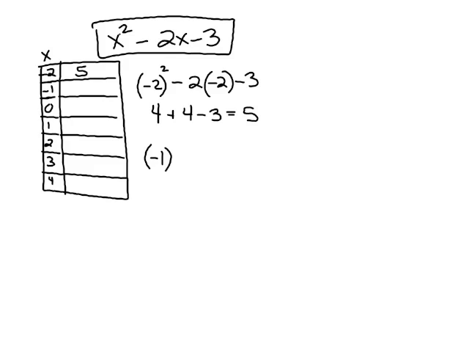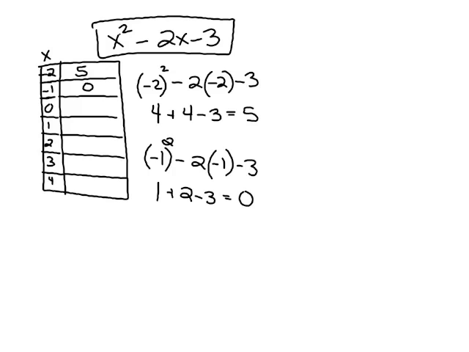Same thing. Replace my x with a set of brackets. Now (-1) squared. What's 1 times 1? Positive 1. And then -2 times the -1, plus 2. Plus a 2 minus a 3. So it equals 0.